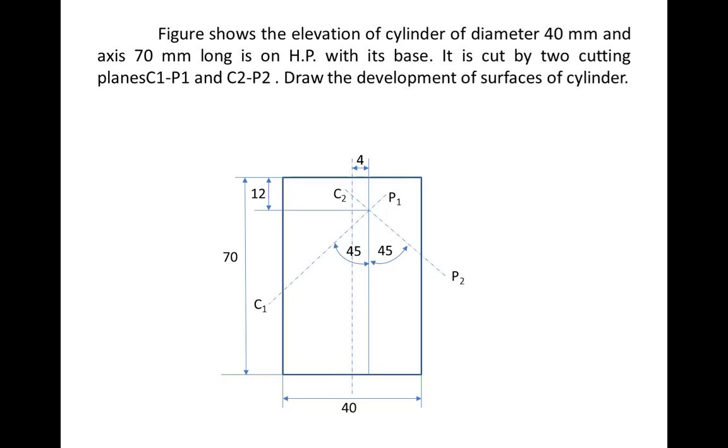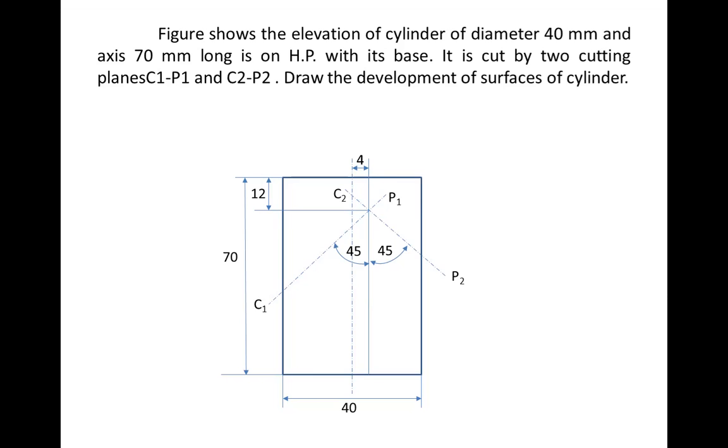So this is the cylindrical part of 40 by 70 size, and it is cut by these two planes. The upper part is removed and only this much cylinder is present. If we are interested in manufacturing such a cylinder, what will be the geometry of the sheet from which it can be manufactured? Because we know when we roll the sheet, we get the cylinder.